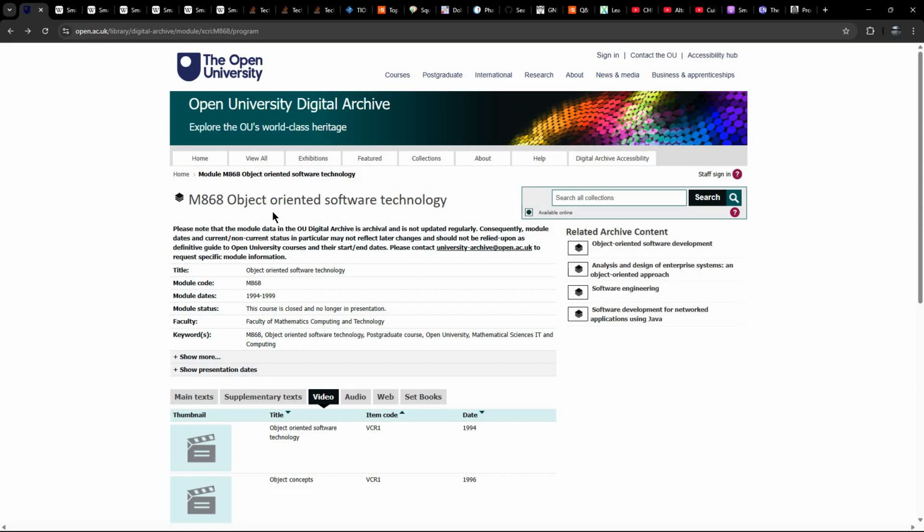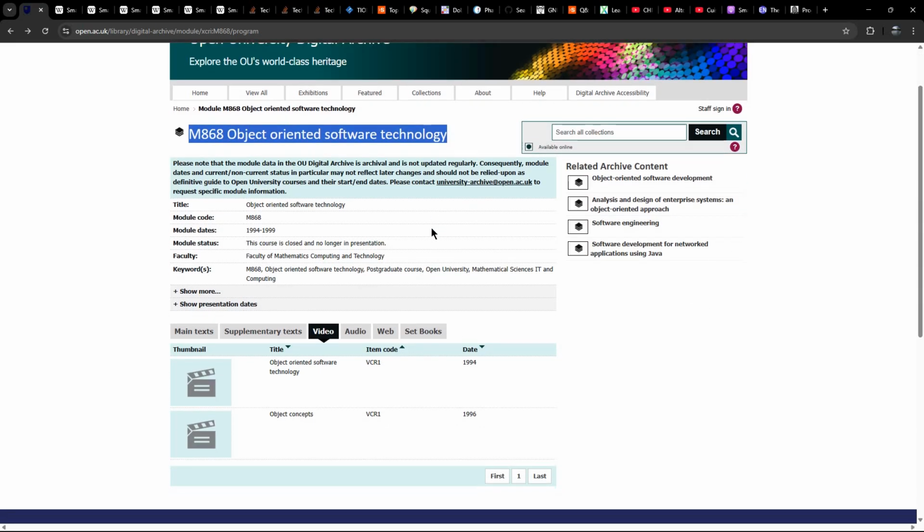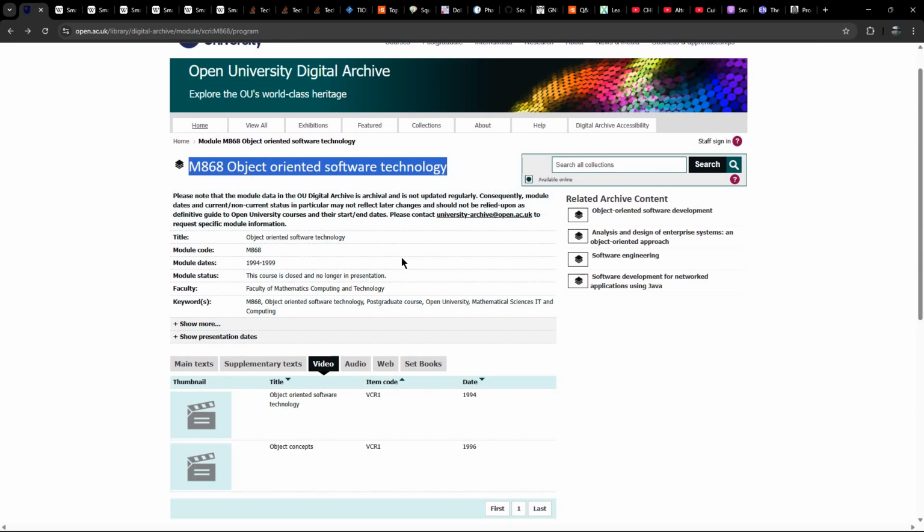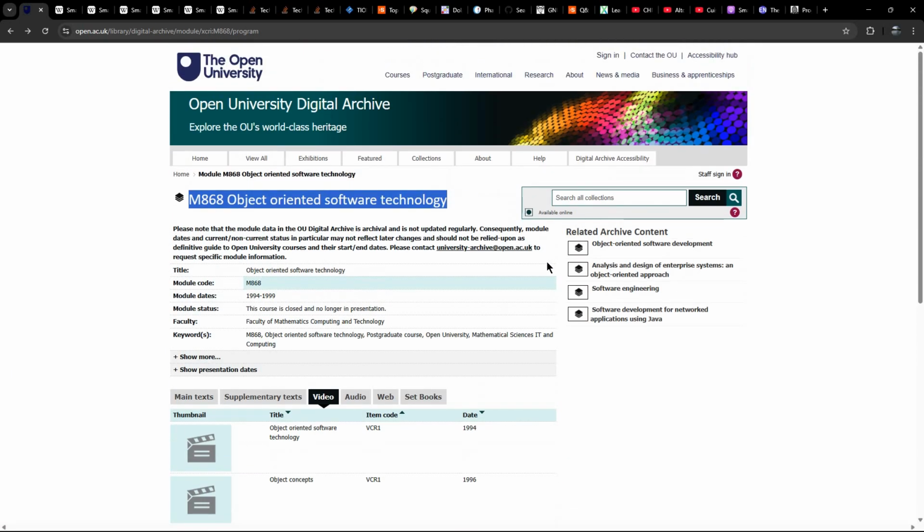It's part of my postgrad diploma in computing and manufacturing, and I elected one of the units to do, M868 Object-Oriented Software Technology, which ran on the Open University from, I think, about 94 to 98, before they updated the course or changed it to something else. I'm trying to remember if they then went over to using Java or whether both were running simultaneously.